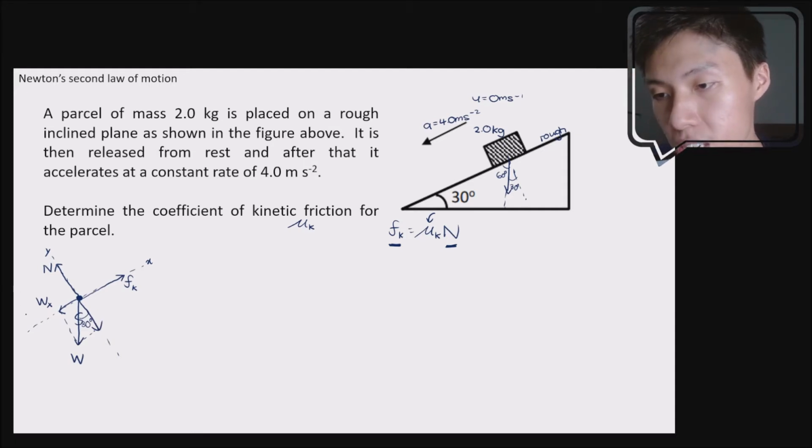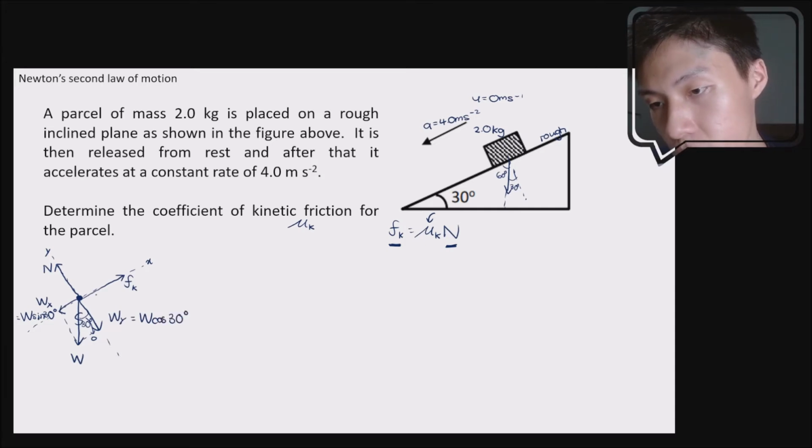So wx here can be found using opposite, so it should be w sine 30 degrees. Whereas for this part, wy can be found using w cos 30 degrees.